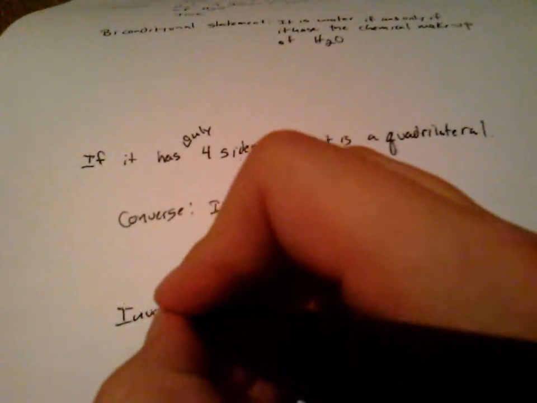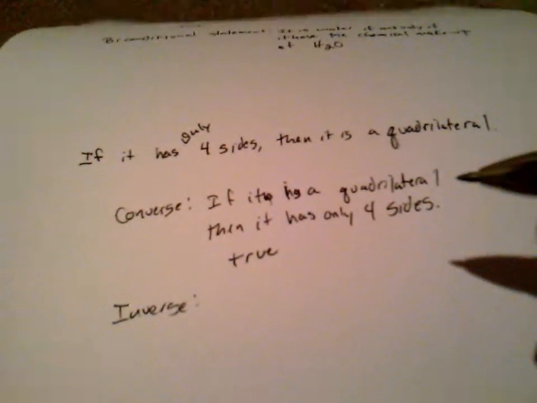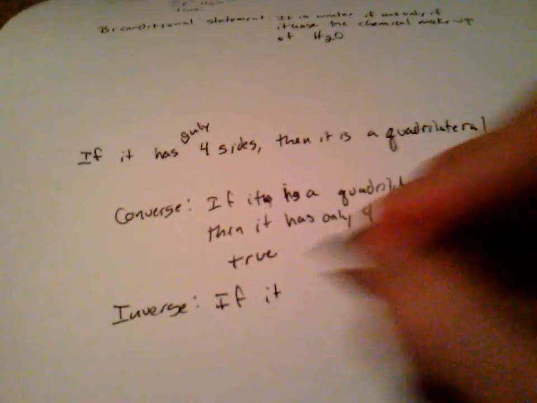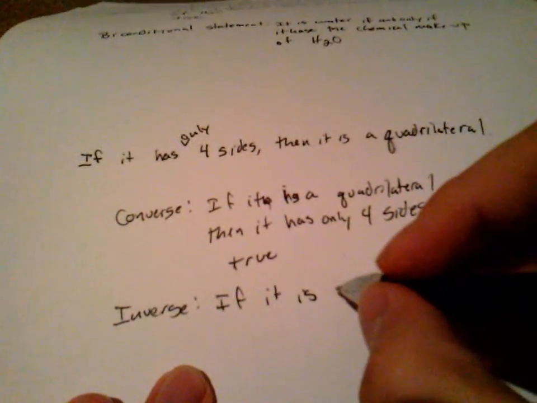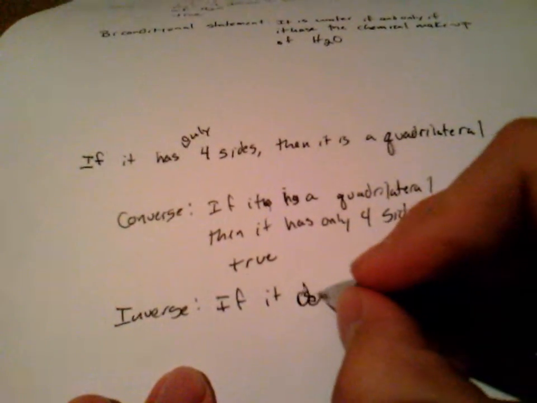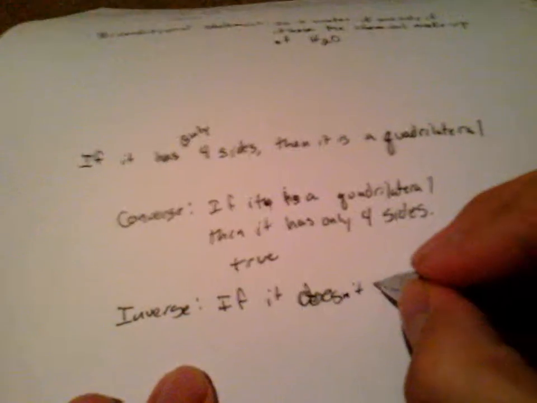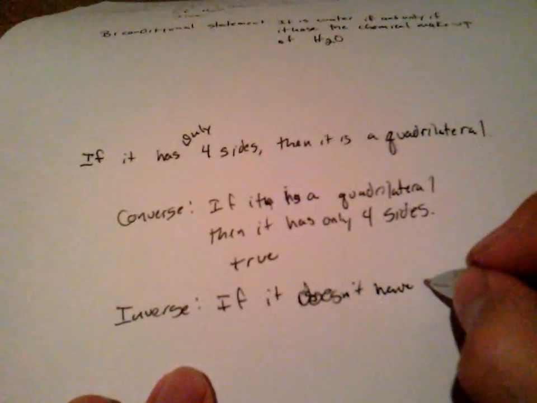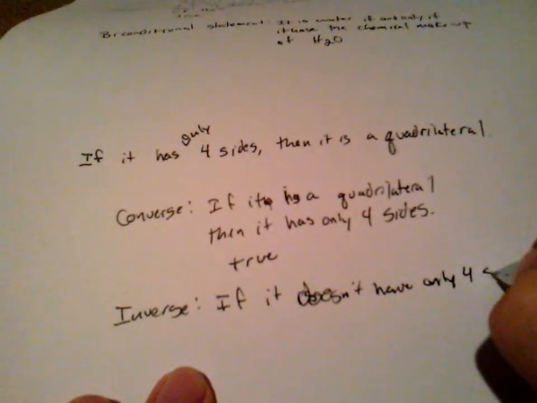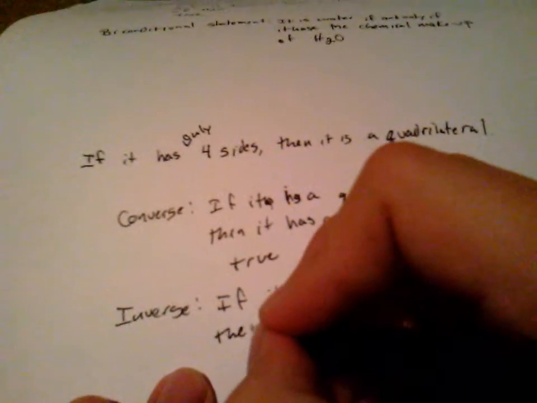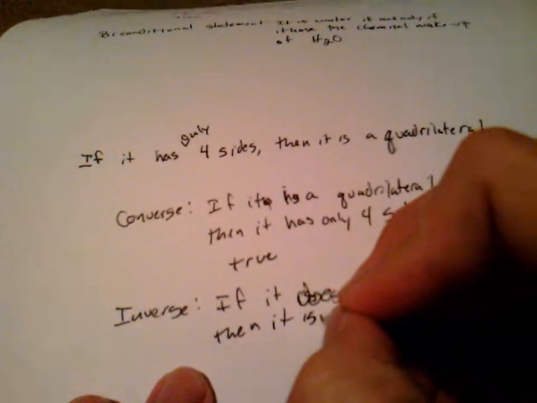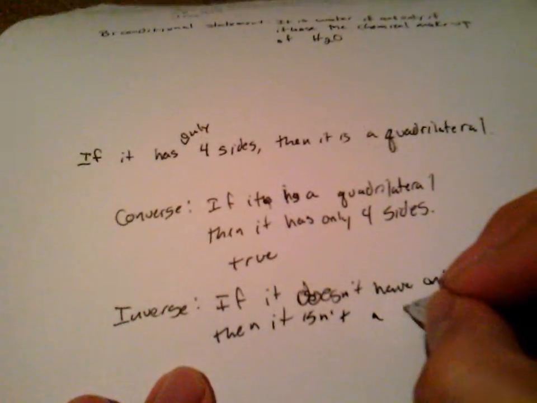Inverse. Okay, so let's look at this. If it doesn't have only four sides, then it isn't a quadrilateral.